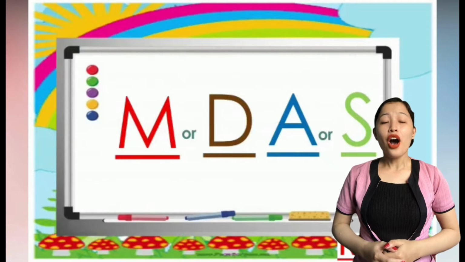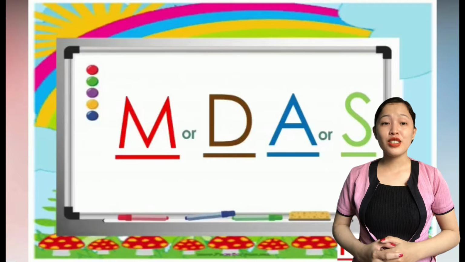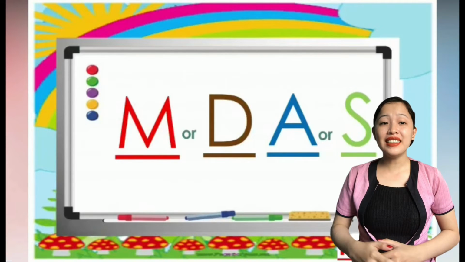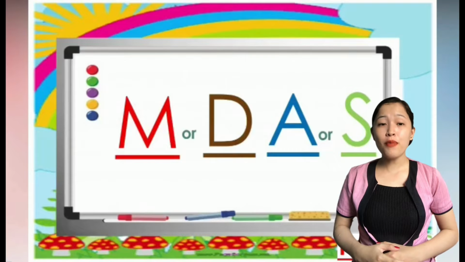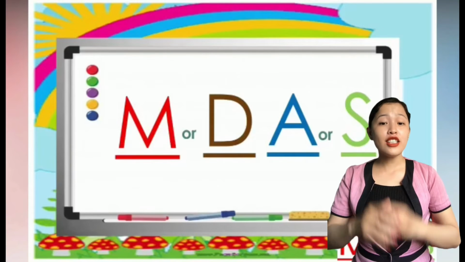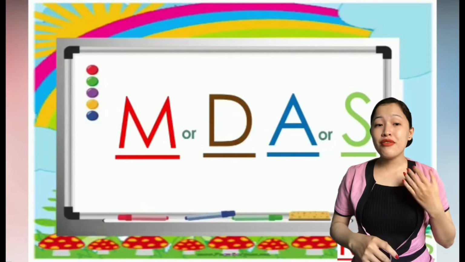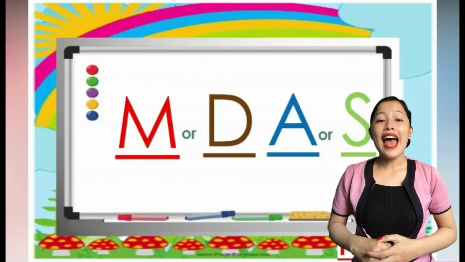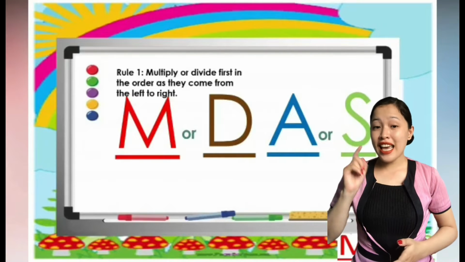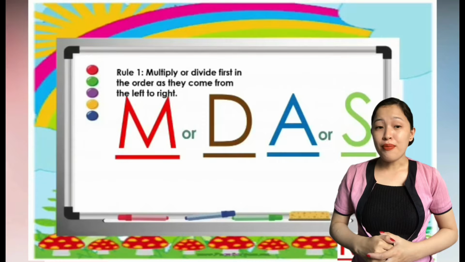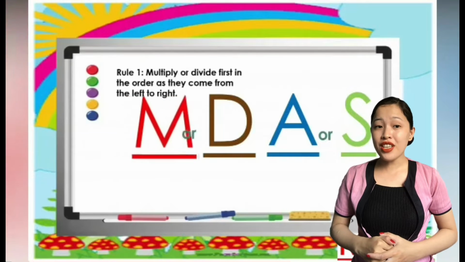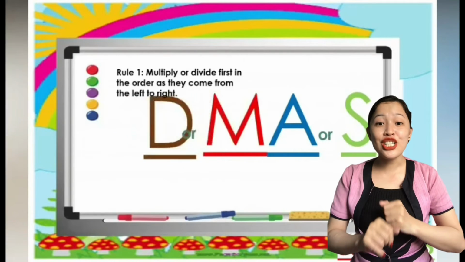Now class, always remember this one, that MDAS does not necessarily say that the order of operation is always multiplication, division, addition, and subtraction. Take note that multiplication and division can interchange.